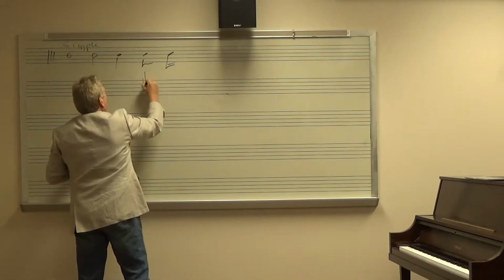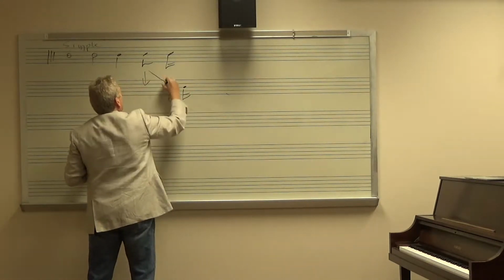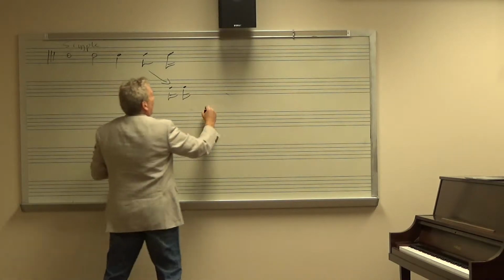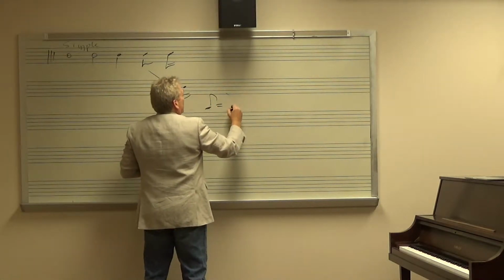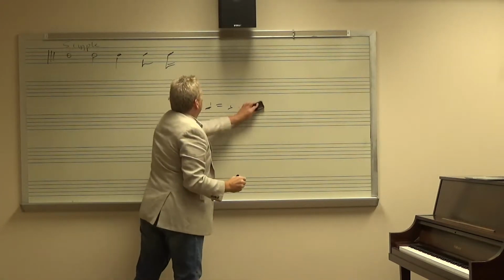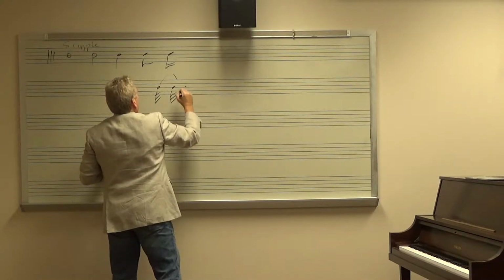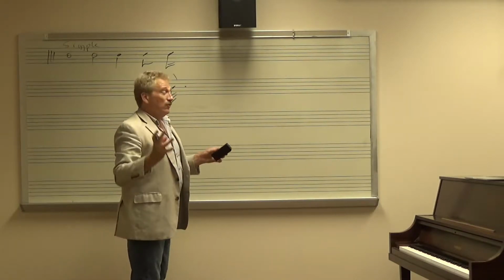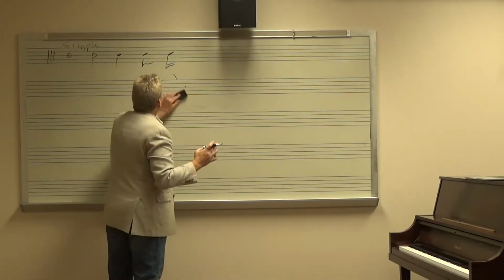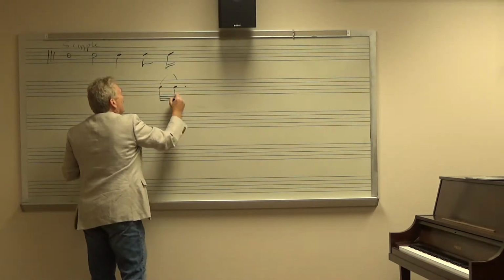My eighth note divides into 2 sixteenths. So my eighth note is a 16th plus a 16th. My 16th note divides into 2 32nd notes. And often to indicate that you're looking at a division of a larger value, you will beam them together.